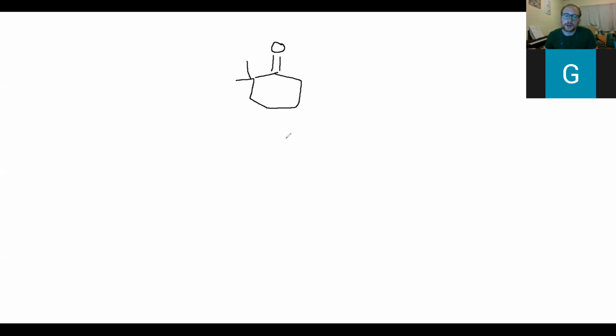And so key to that is the formation of some tetrahedral intermediate that looks like this. This is normally an acid, but it's fine.